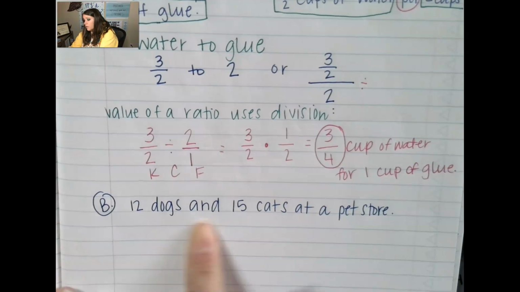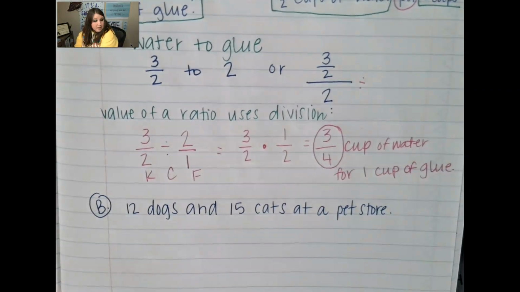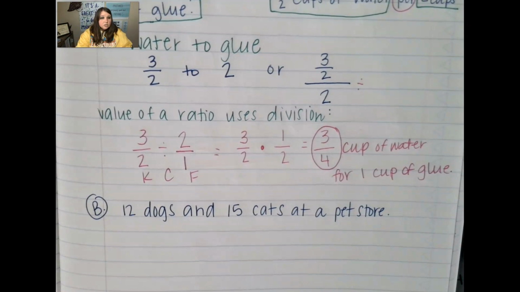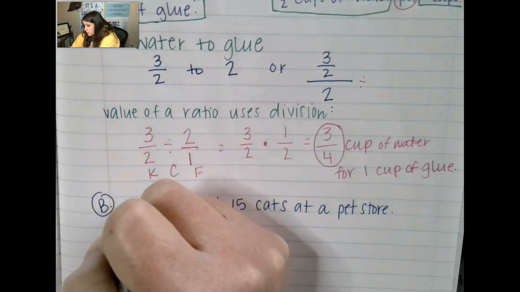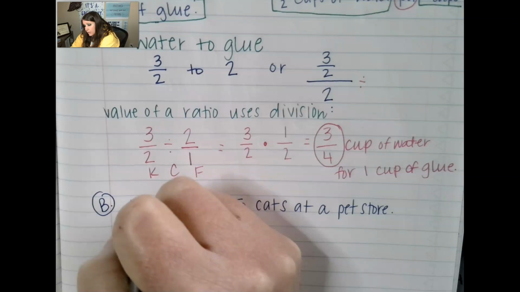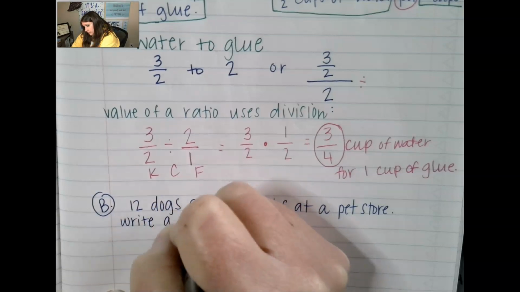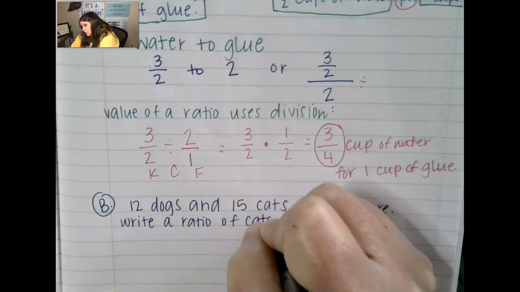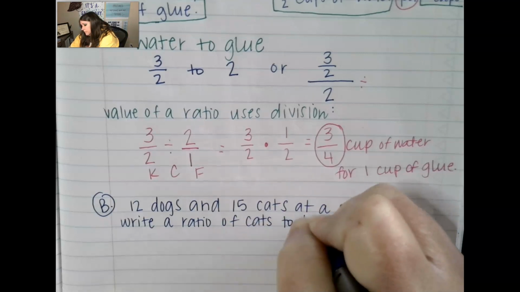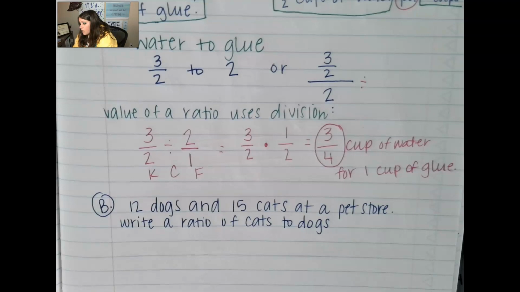Okay, so we have 12 dogs and 15 cats at a pet store, and they want us to write a ratio. The ratio that they want us to write is cats to dogs. So they want us to write a ratio of cats to dogs.